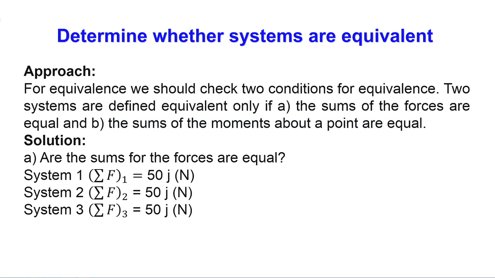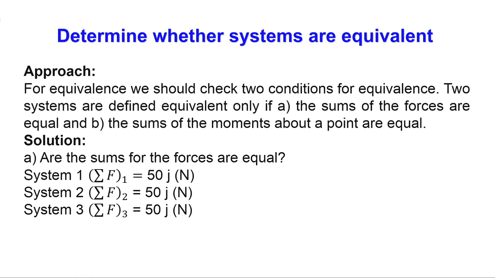So, first we determine sigma F 1, sigma F 2, sigma F 3 for the 3 systems, and we see that in all the cases a 50 Newton force in the positive y direction is there. So, they are equal. So, the first condition is satisfied.